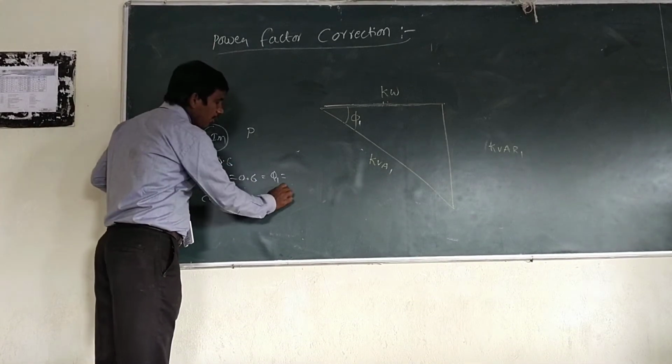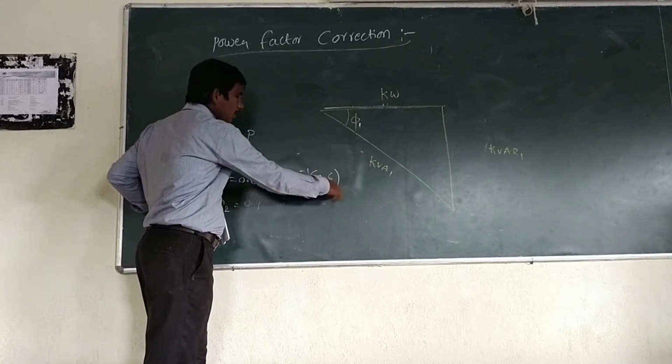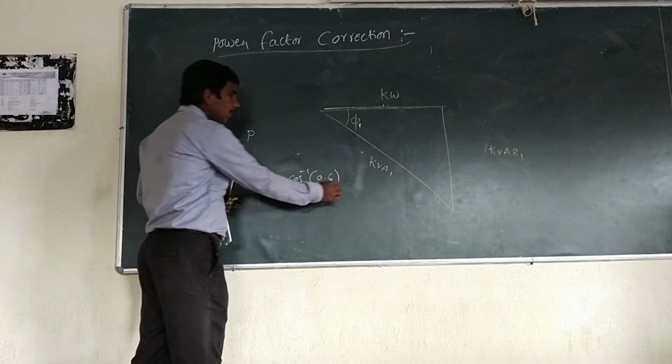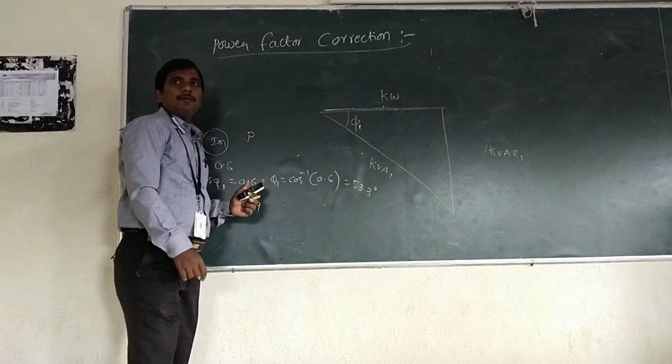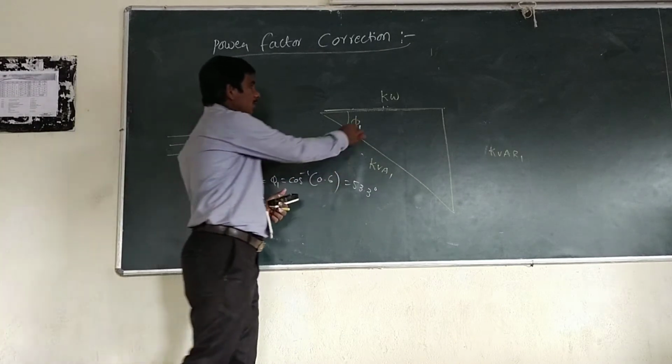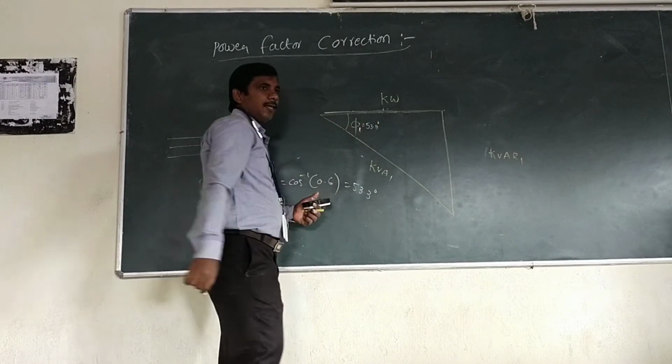From that, phi 1 is cos inverse 0.6, which is 53.3 degrees. You will get 53.3 degrees.